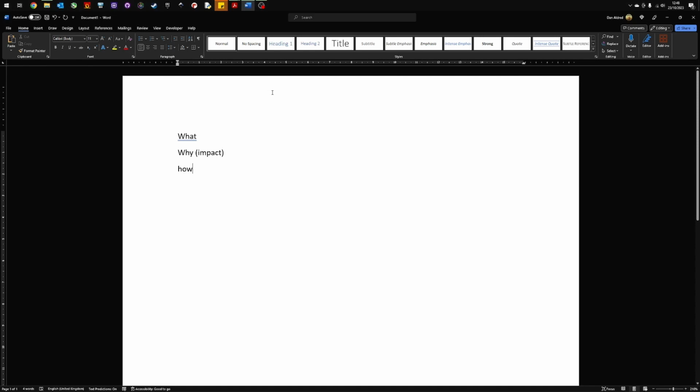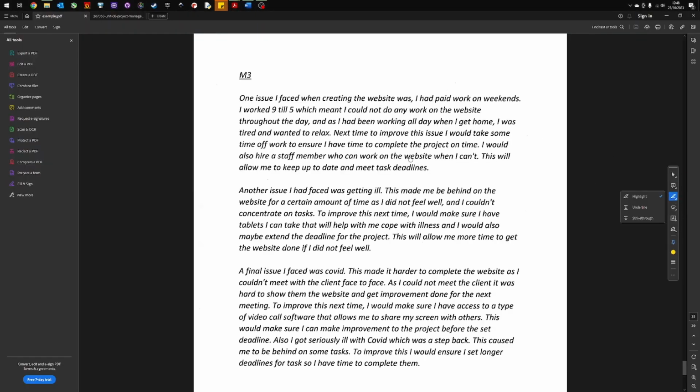So let's have a look then at an example of some candidates' work. One of the issues I faced when creating my website is I had paid work at the weekends. I worked from 9 till 5, which means I couldn't do any work on the website. So that's the issue. Don't just leave it at that. Say how you're going to overcome it. I was tired. I wanted to relax when I got home.